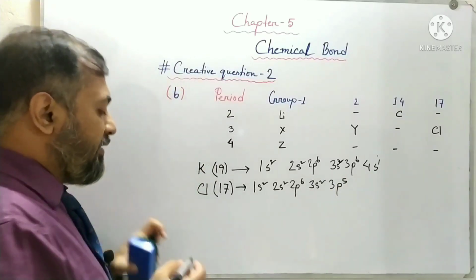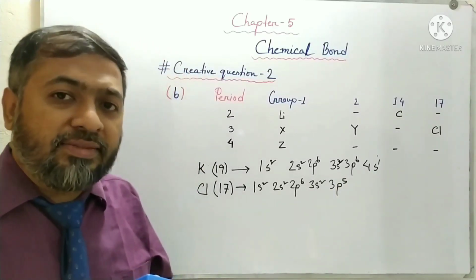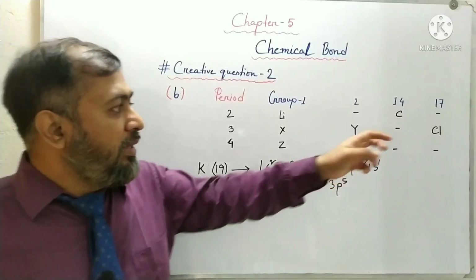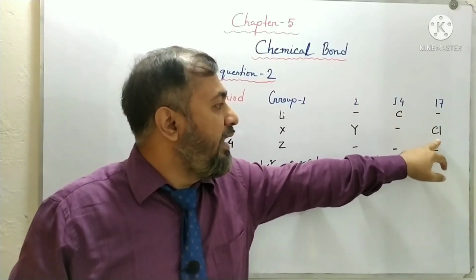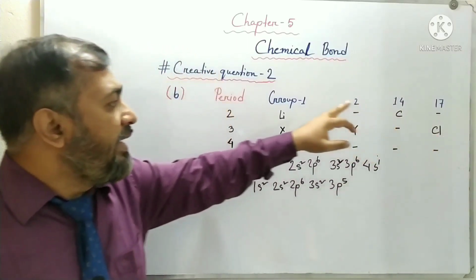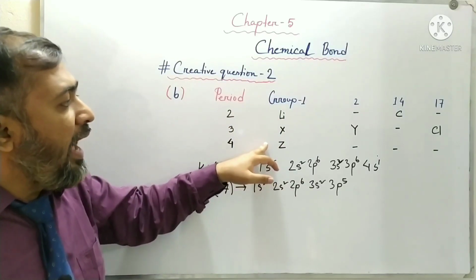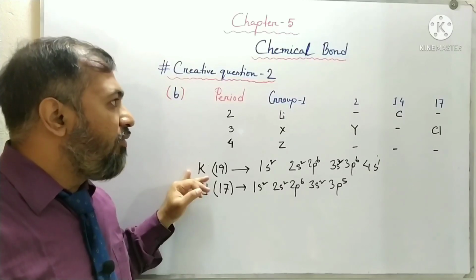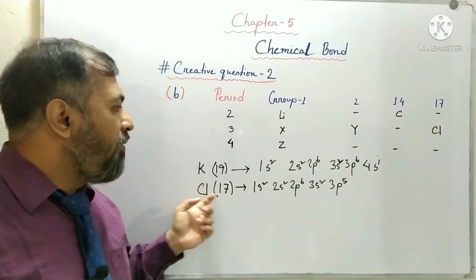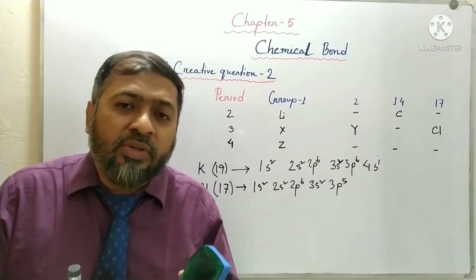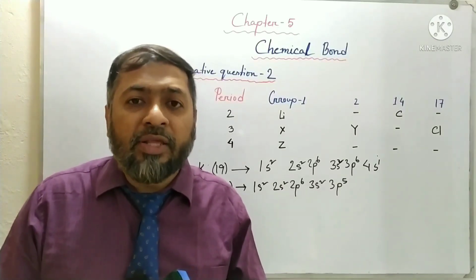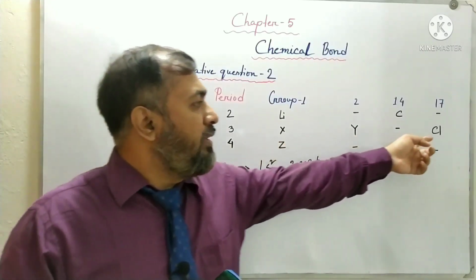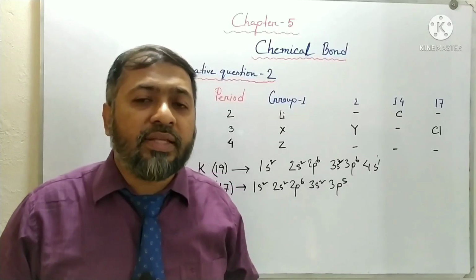Now from these two electronic configurations, we can be certain that chlorine is a non-metal, as we know that elements belonging to group 17 are halogens and they are non-metals, and elements belonging to group 1 are alkali metals. So potassium is an alkali metal whereas chlorine is a non-metal. So between metal and non-metal, an ionic bond is formed. So between potassium and chlorine, the chemical bond which is formed is known as an ionic bond.